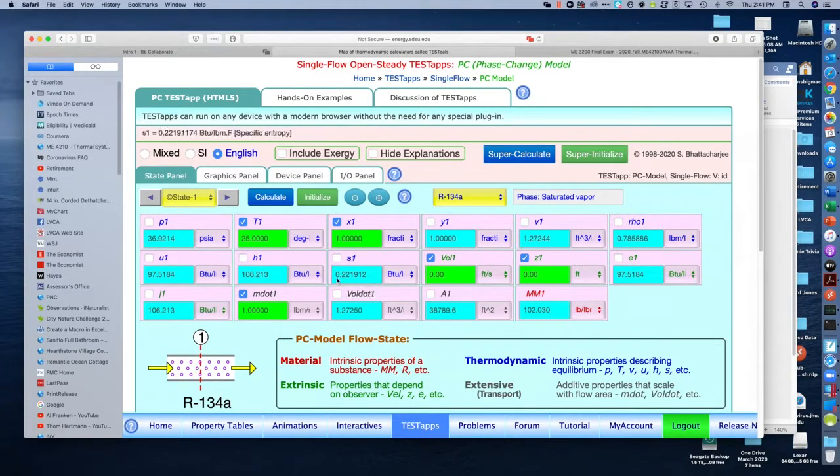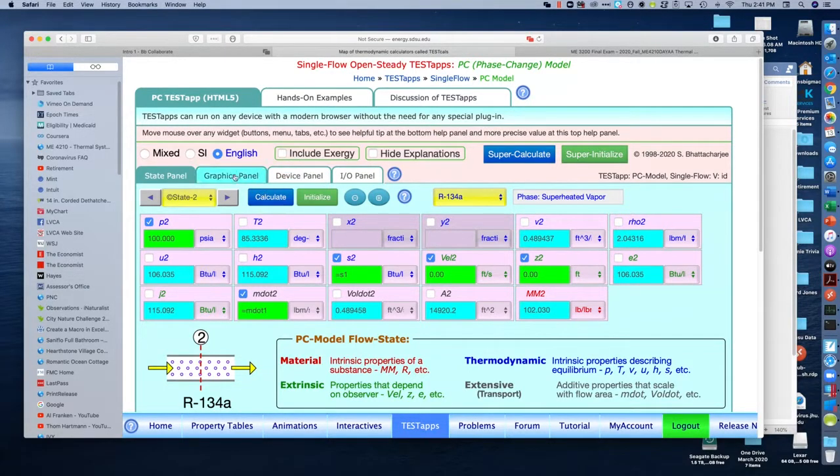Now, in our particular case, all we're really interested in, because we're looking for the specific work, the BTU per pound, through the compressor in an isentropic case, we are just looking for h1 and how h1 changes to h2, and the difference between the two enthalpy levels is then equal to the specific work. Again, this is only the case when we neglect any kinetic or potential energy differences.